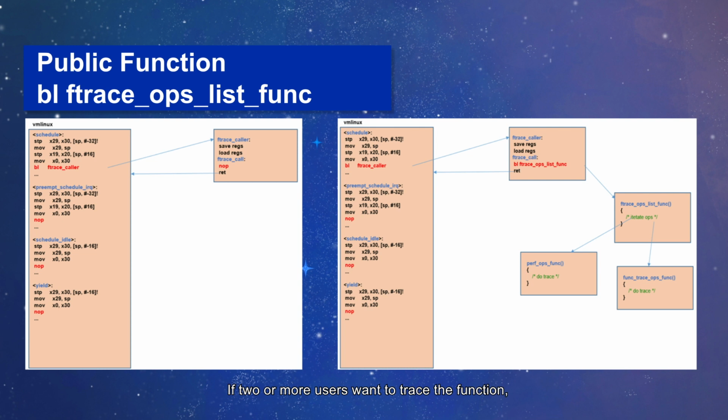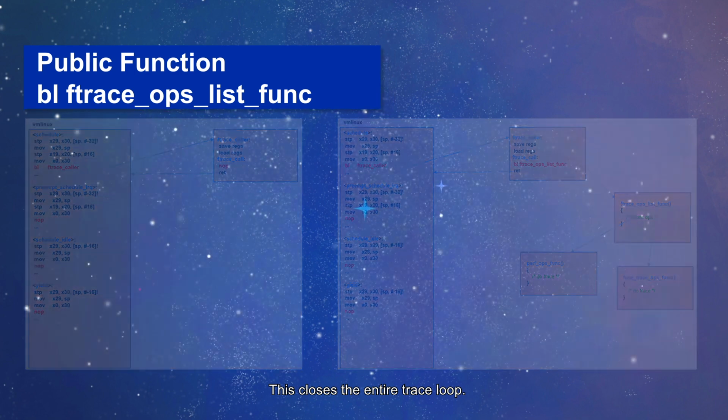If two or more users want to trace the function, ftrace provides a public handler function, ftrace OPS list func, to iterate over the OPS registered on the ftrace framework and determine which OPS need to trace the target function. If some of the OPS do, ftrace OPS list func can call their callback functions to return the trace information. This closes the entire trace loop.